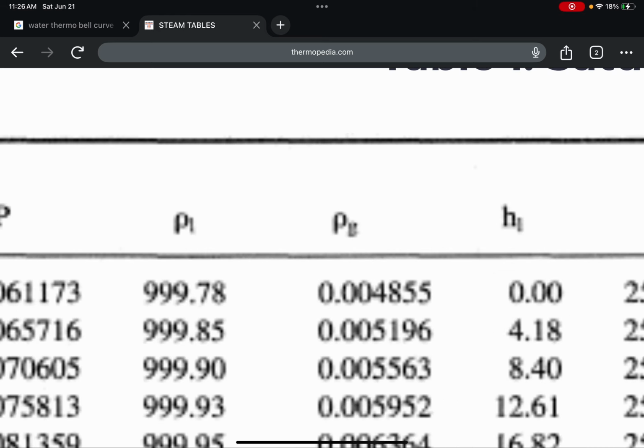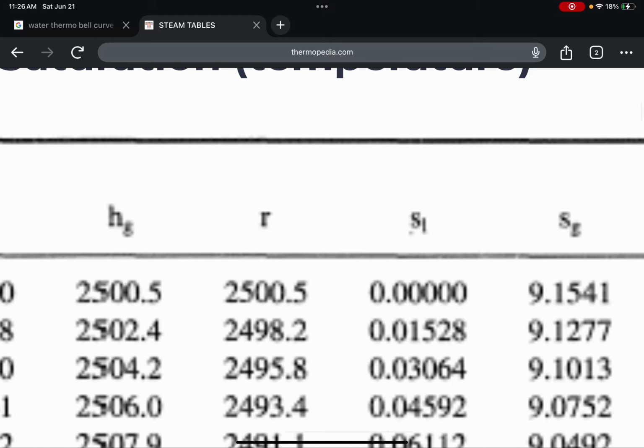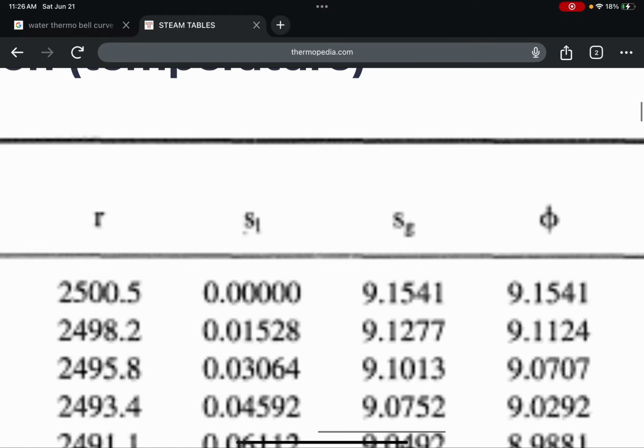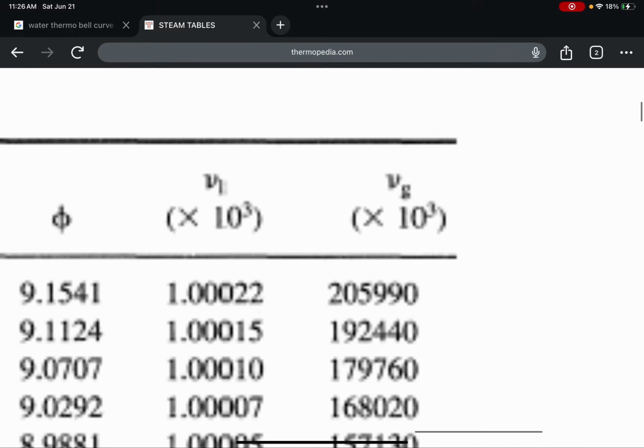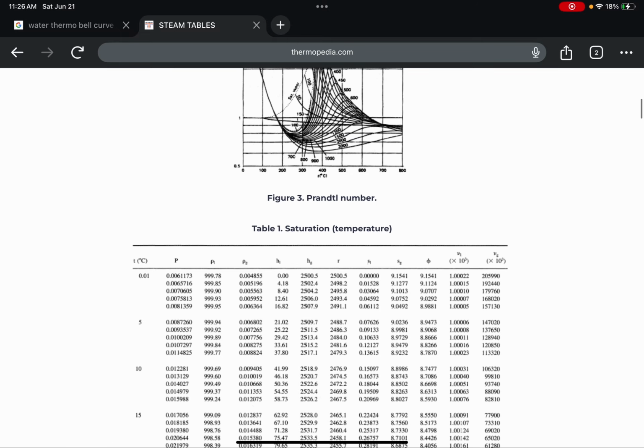You can know the density, you can know the enthalpy. Gas constant is R, the entropy, and the, what is this one? The inverse of density is specific volume. So it is meters cubed over kilogram. Yeah, it's the opposite of density.